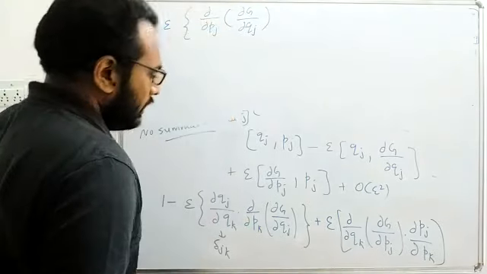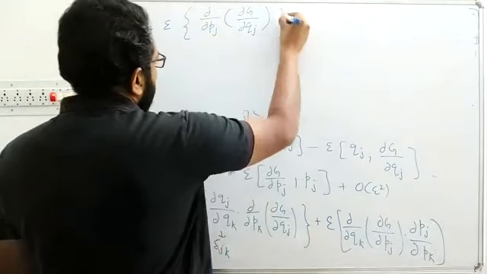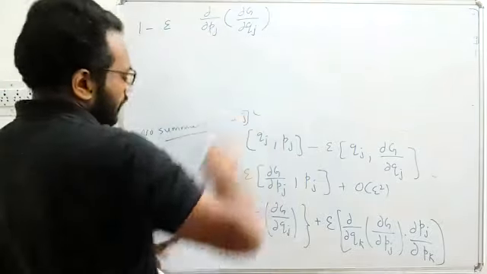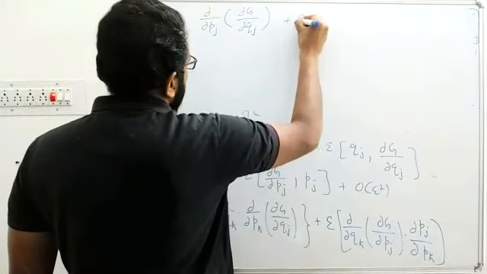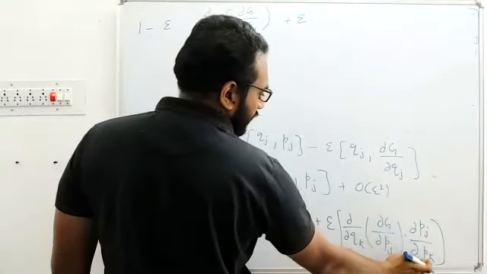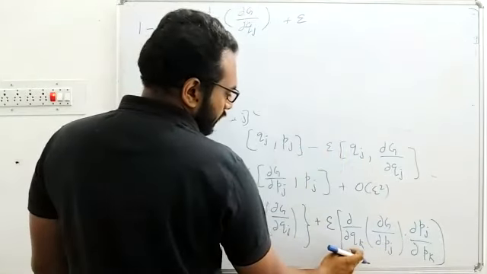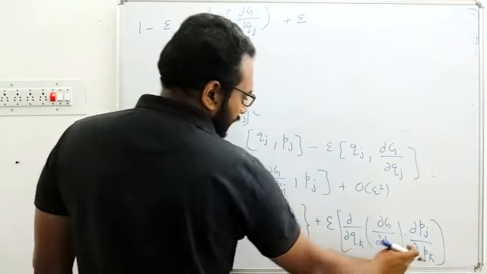All right, plus epsilon ∂pj/∂pk is delta jk. So you can write this as epsilon delta jk, right?